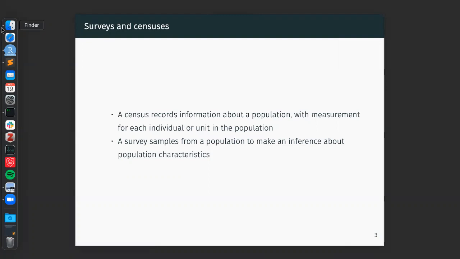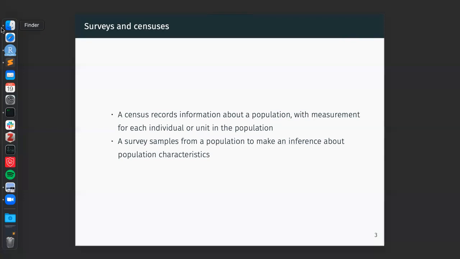Every single household of the country is surveyed. And so in an ideal world, assuming the census is a perfect measurement, we get information about every single individual in the United States who has a residence in a household. So in theory, we cover the entire population of people in households in the United States.